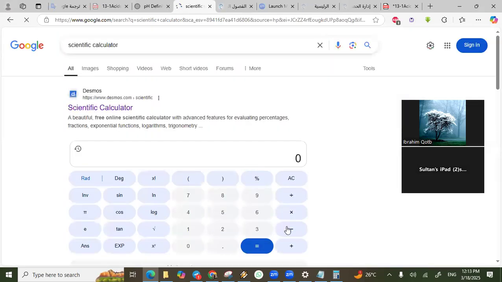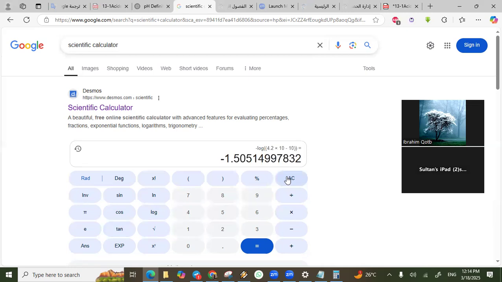I can use the calculator: minus log, then bracket, 4.2 times 10 to the power negative 10, then close your bracket.